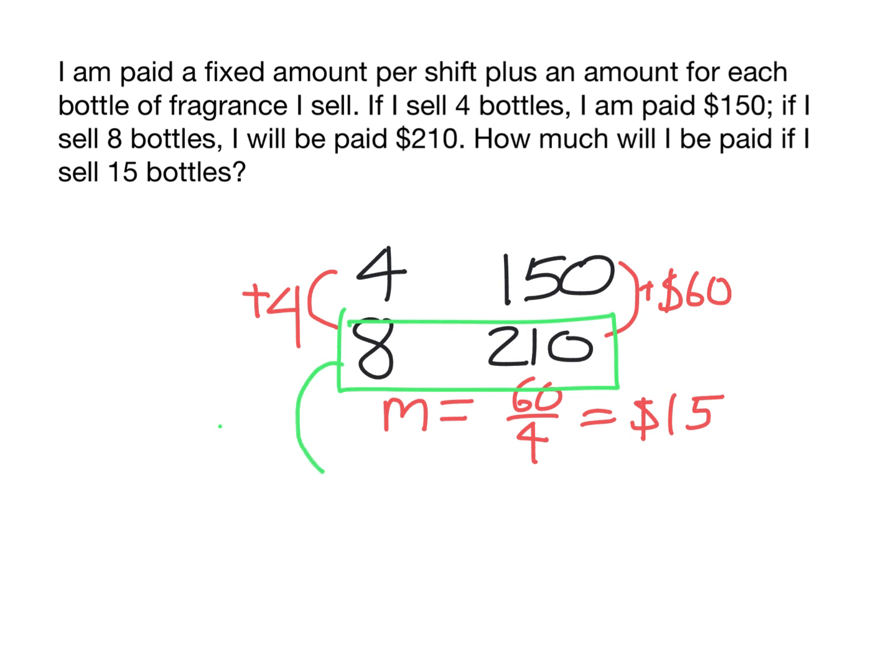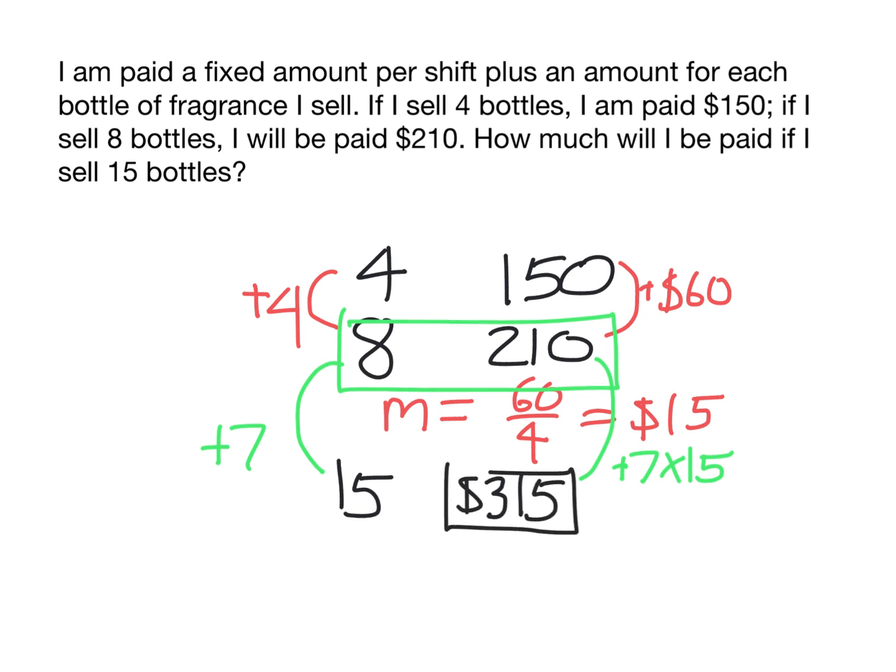If I now sell 15 bottles, I increase the number sold by 7, so I have to increase by 7 times 15. Now 7 times 15 is 105. So I will end up getting 210 plus 105, which is $315. I found that each bottle gets me $15 more, so 7 bottles will get me $105 more. That's how I was able to figure out this one.